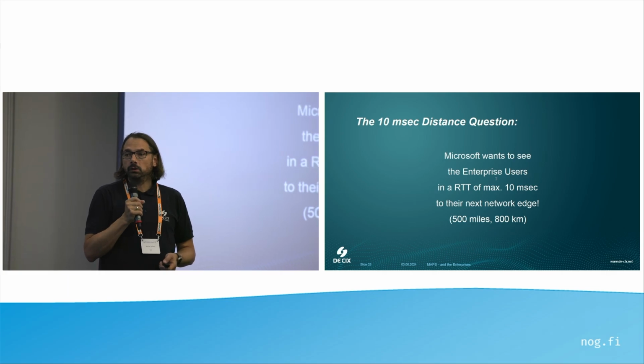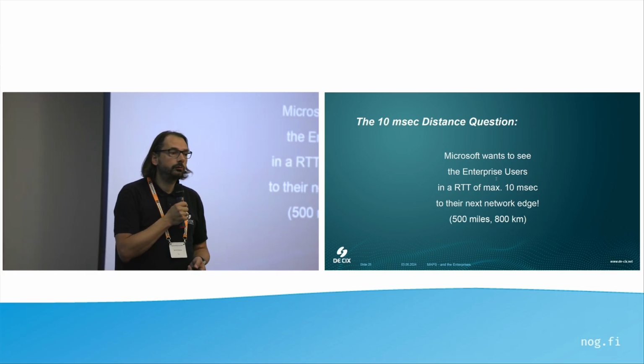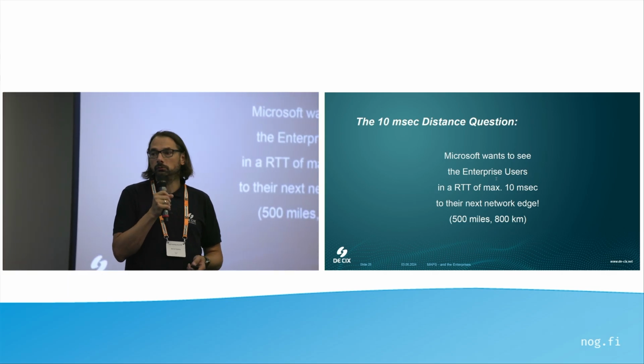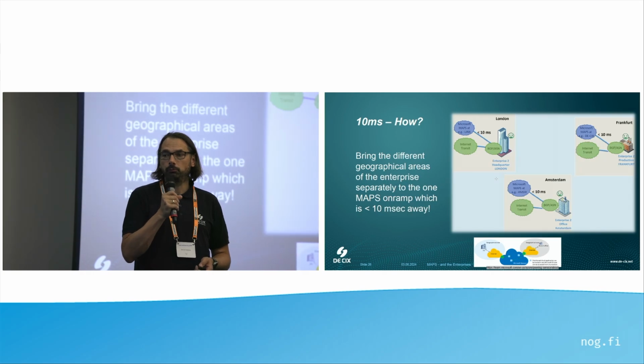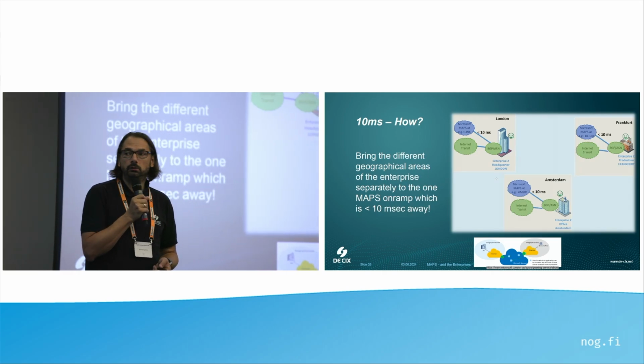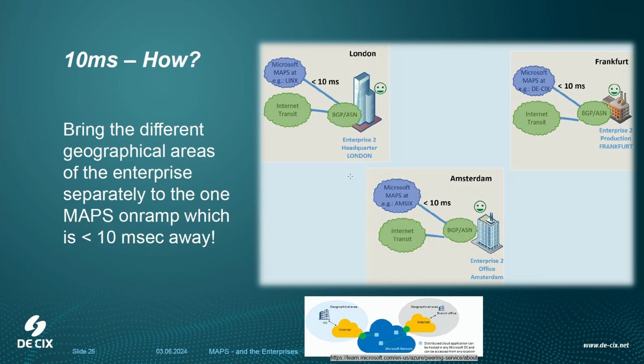And then again, this 10 milliseconds, to look into the picture of how Microsoft understands this, or what the idea here is. The idea from Microsoft was that enterprises bring their locations as they are, country by country or region by region, to the nearest Microsoft Maps on-ramp.